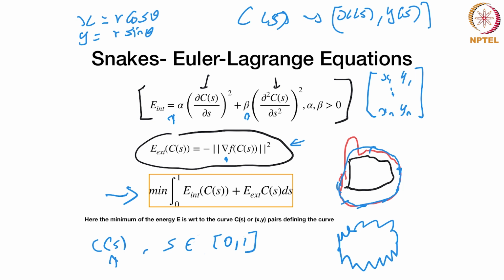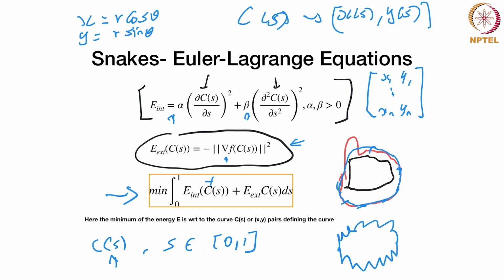So that's the entire loss function. You put them into the loss functional, and you're trying to minimize the loss functional with respect to what you are trying to estimate, C of S, like we had for the curve in the Brachistochrone problem. Here we are trying to estimate the segmenting curve C of S, which will form the boundary of the object. Once you have the boundary of the object, we can find the interior also.